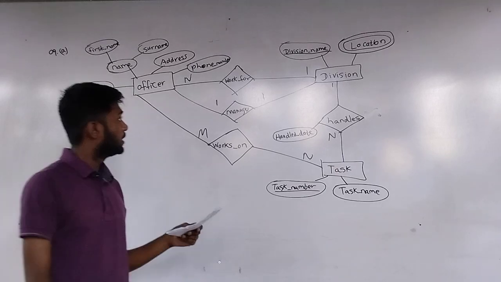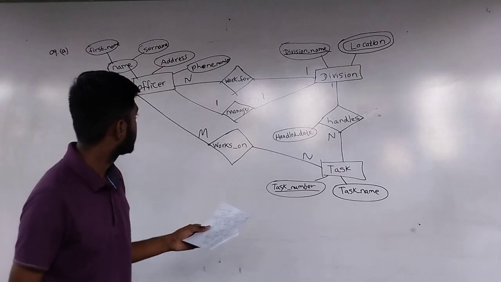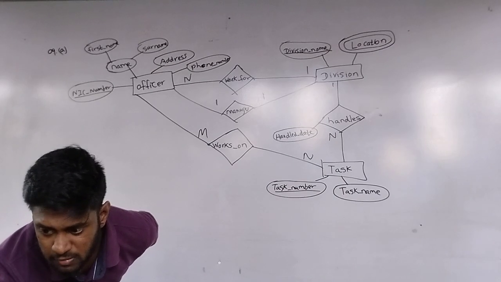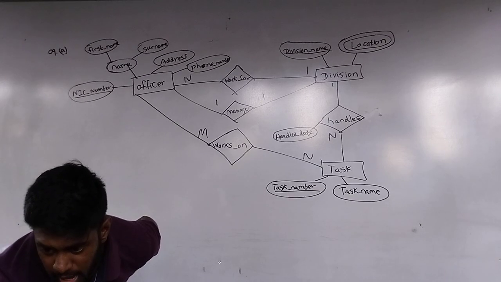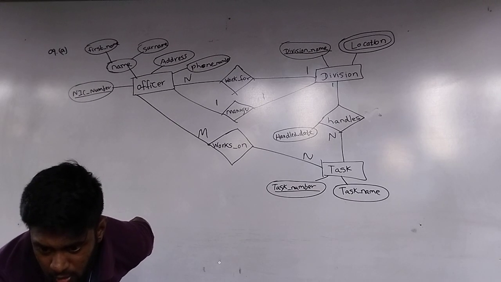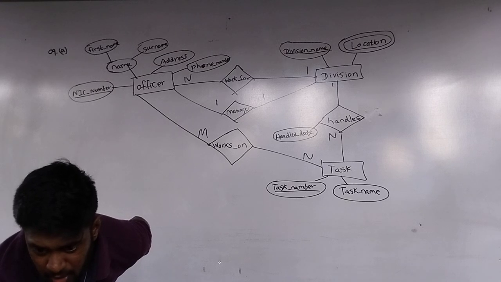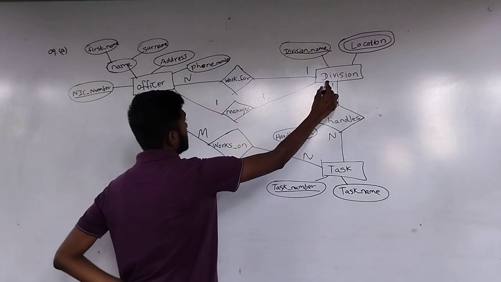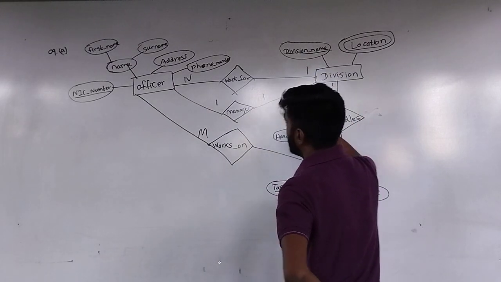Then moving forward, each division is managed by one of its officers. An officer is assigned to one division but may work on several tasks which may not be controlled by the same division. Imagine now you are a division, each division is managed by one of its officers.